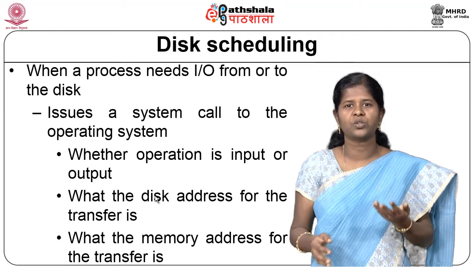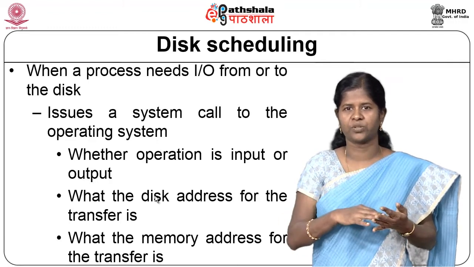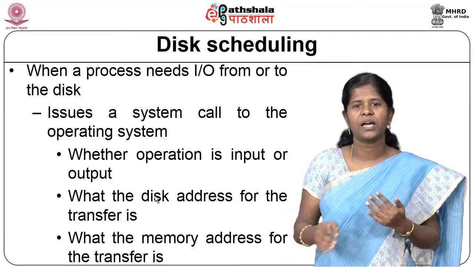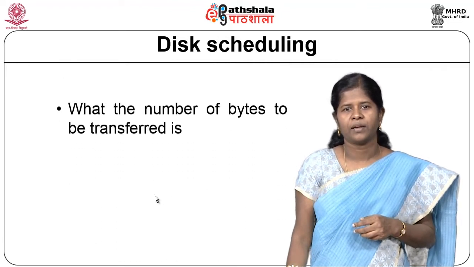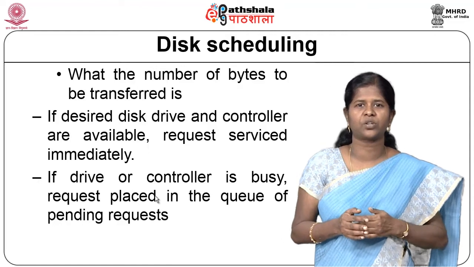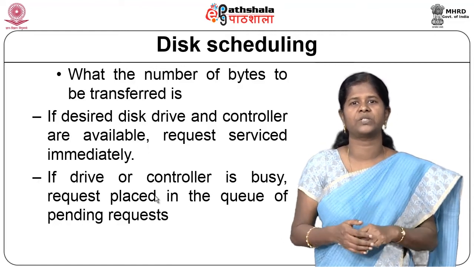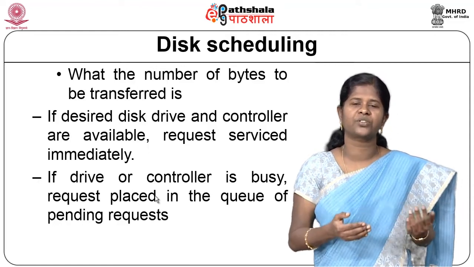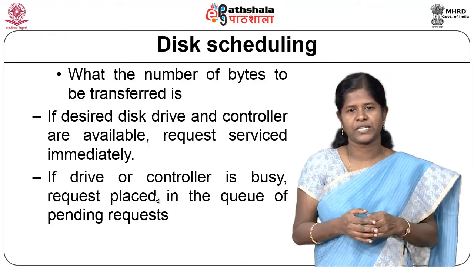So, the memory address of these buffers has to be specified, and the number of bytes to be transferred also has to be specified, both for reading and for writing.